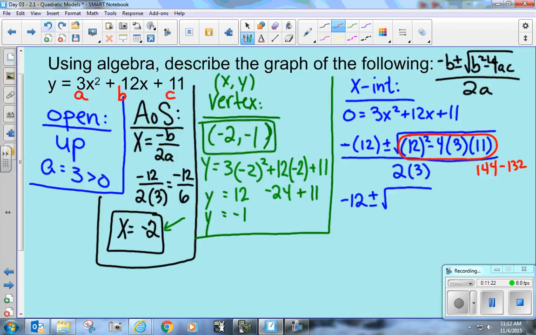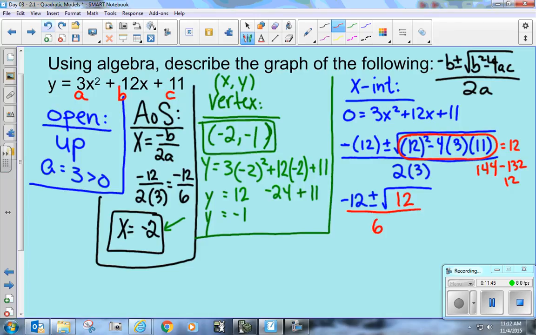No, it's 121. That's 11 times 11. Almost. It's 11 squared. You were off by 1. So if I subtract those, I get 12. So that equals 12 under the radical. So that's what I'm just going to put under the radical here, 12. All over 2 times 3 is 6.